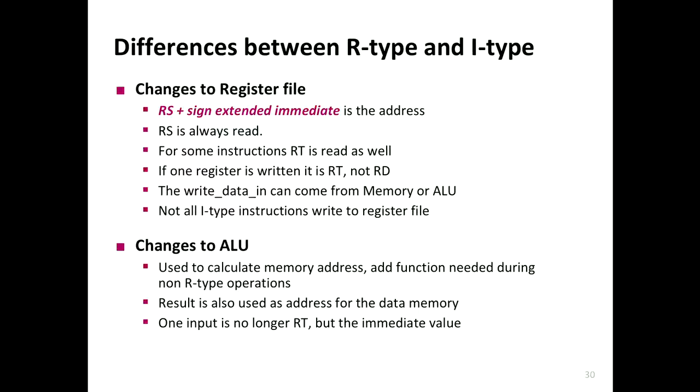Why? Why memory? Because you're going to read, for example, from the memory in a load word instruction. So your data has to come either from the memory or the ALU.